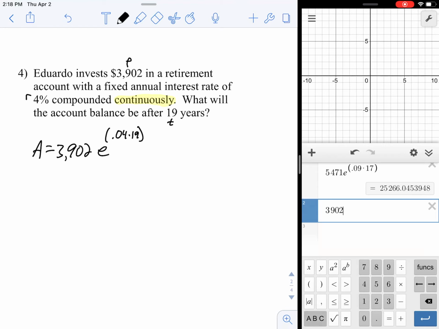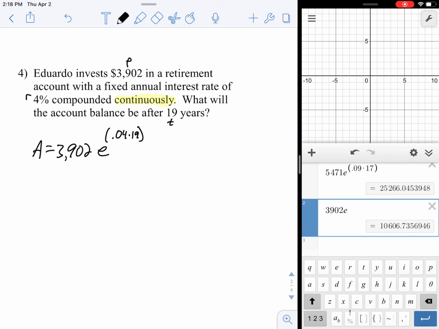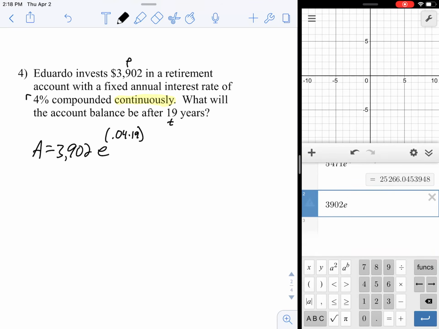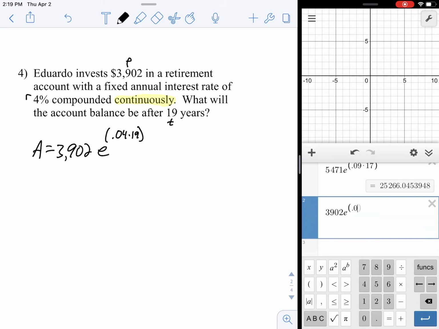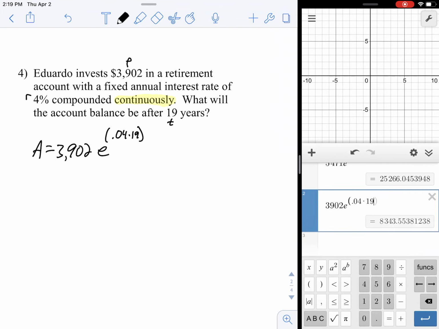3902. ABC button, the letter e, power button, parenthesis 0.04. Oops, that was a mistake. Parenthesis 0.04 times 19.